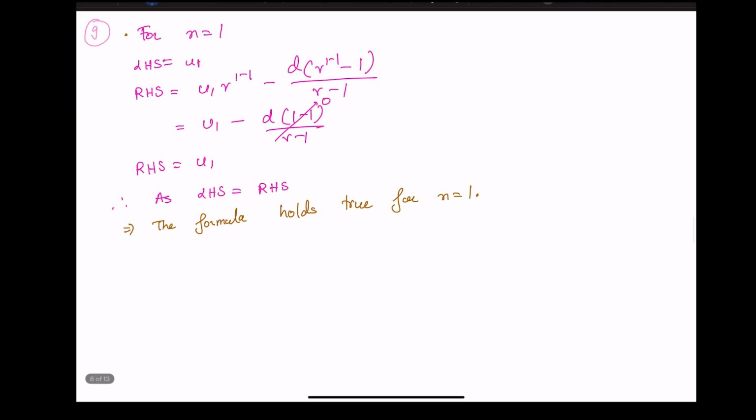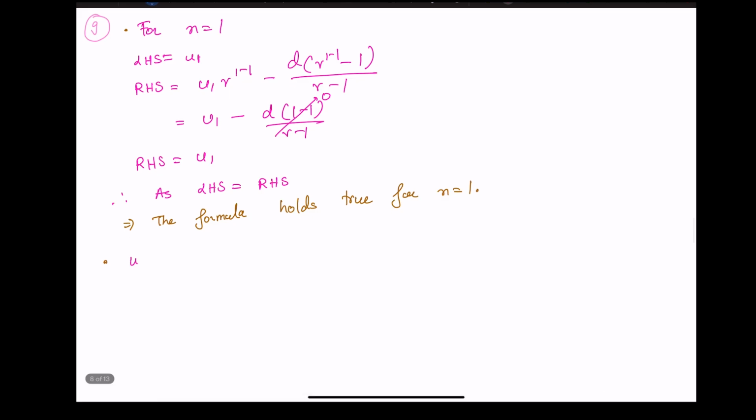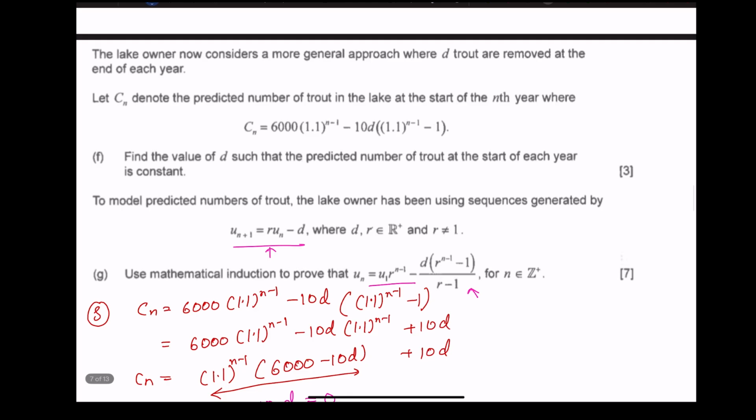Now, the first part is done. Next, we have to assume it's true for n equals k. Now we'll write the formula.